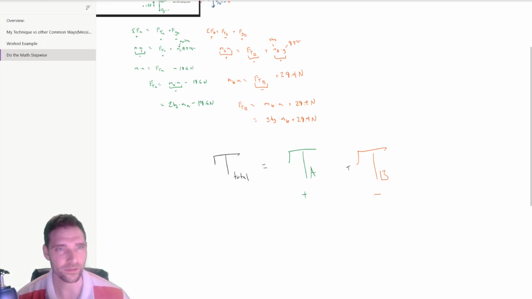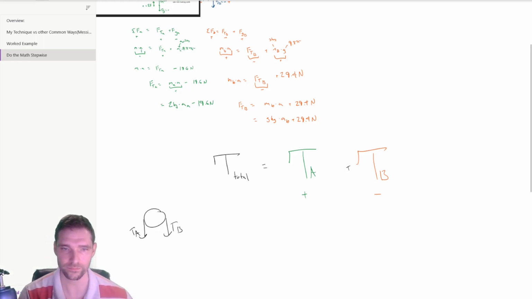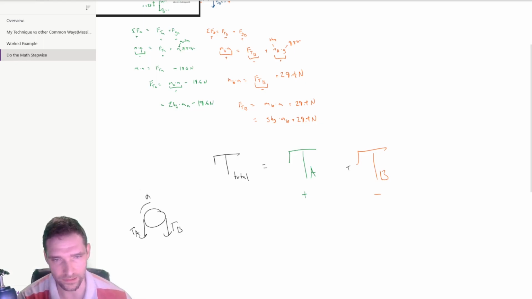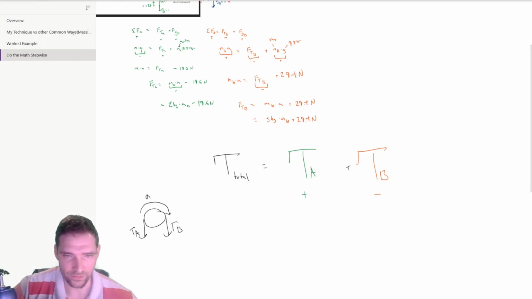Now, knowing this problem myself, we've got these two different torques pulling down, the TB and the TA here. And then we're spinning, and I think the acceleration is going this way. So we could consider that to be a negative direction, or a positive direction.